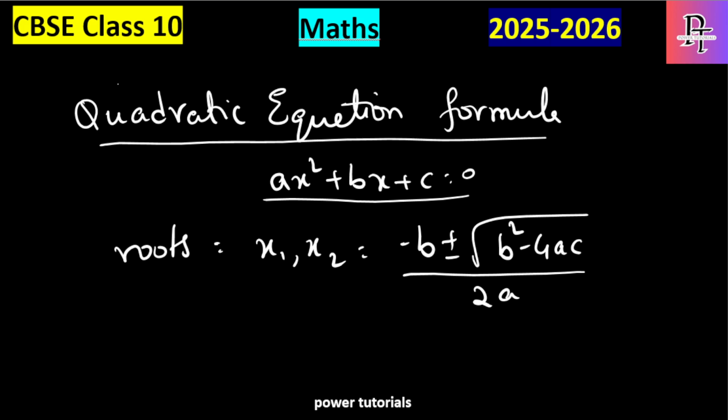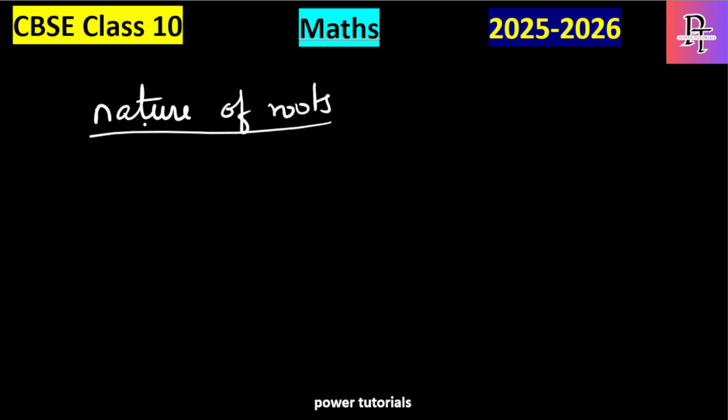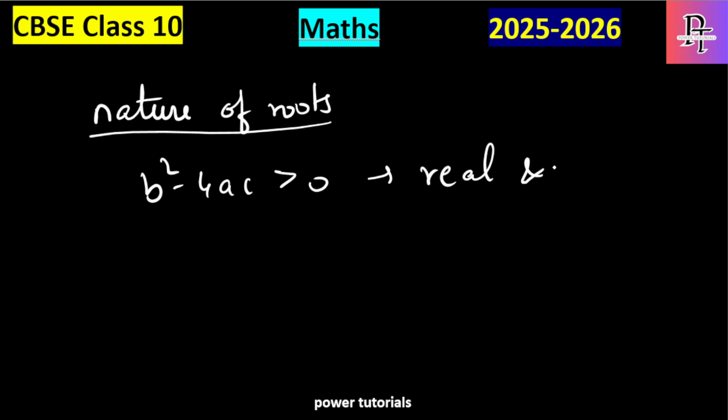Okay, before that we need to understand the nature of roots. Nature of roots means, suppose b square minus 4ac is greater than 0, then the roots are real and distinct.